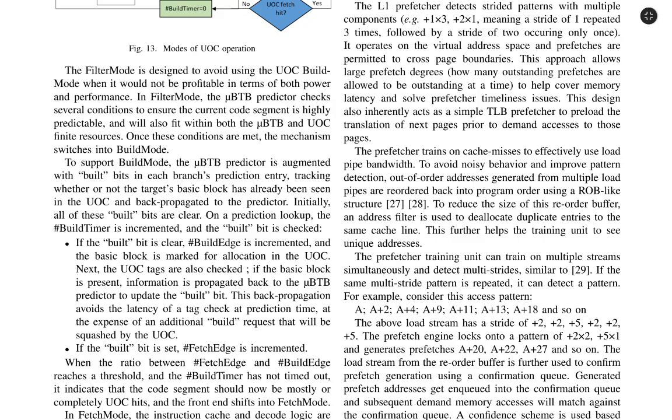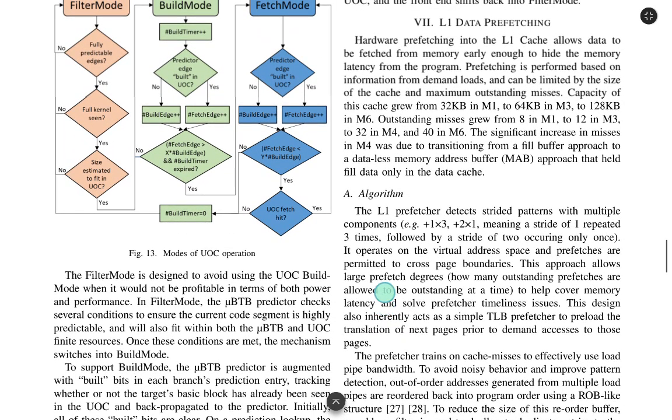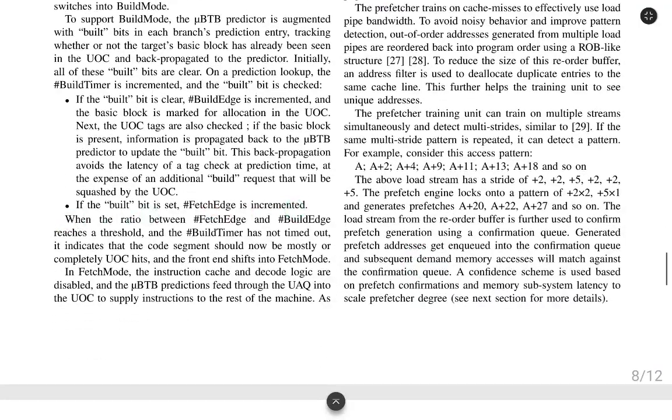Otherwise, the number of fetch edges is incremented. When the ratio of the fetch edges to the build edges reaches a threshold and the build timer has not timed out, it indicates that the code segment should be mostly or completely UOC hits, and the front end shifts into fetch mode.